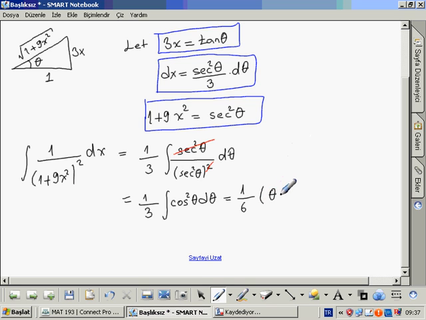theta plus sine theta cosine theta plus c.